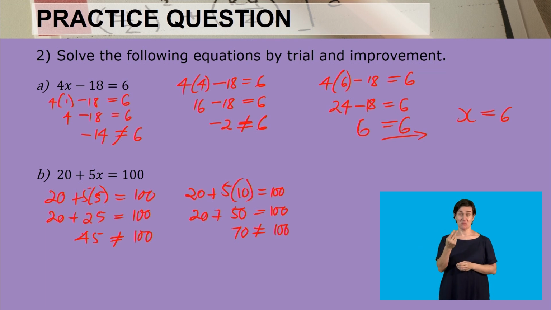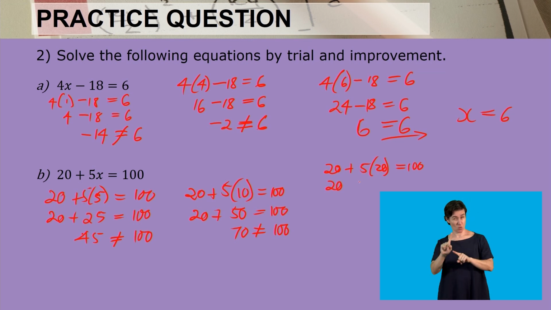So let's try 20. 20 plus 5 times 20: 5 times 20 is 100, so 20 plus 100 is 120, which is not equal to 100. So we've moved over the number that we're supposed to find.